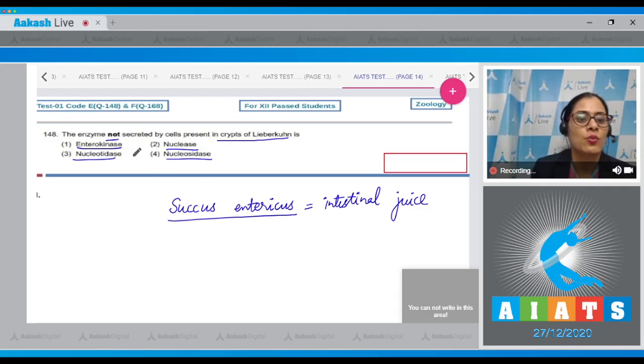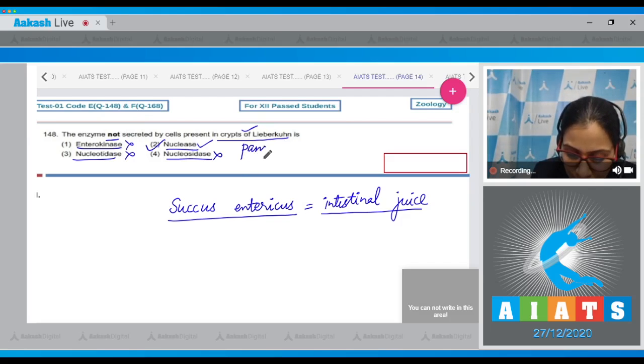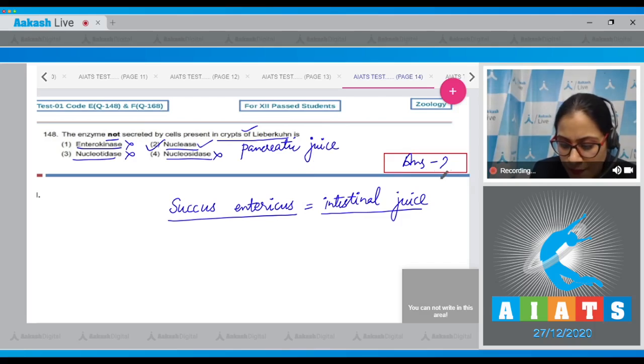And as option number 1, enterokinase, option number 3, nucleotidase and option number 4, nucleosidase are present in intestinal juice, so they cannot be the correct answer. Whereas nuclease is the correct answer because it is not secreted by the cells of crypts of Lieberkühn. It is present in pancreatic juice. So the correct answer to this question is option number 2. Let's move on to the next question.